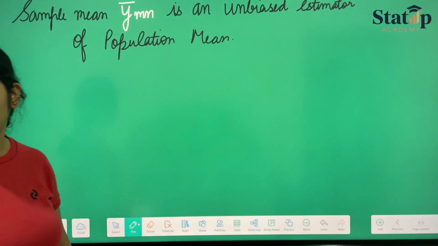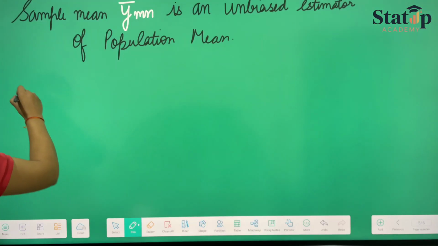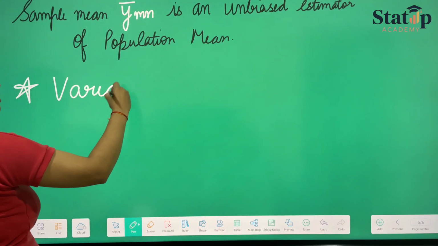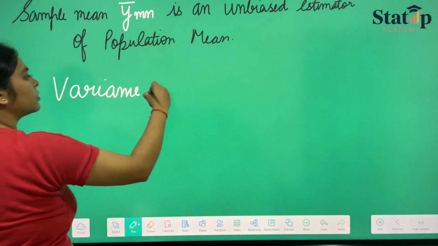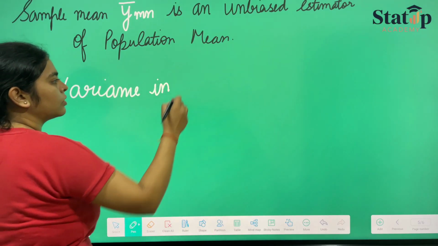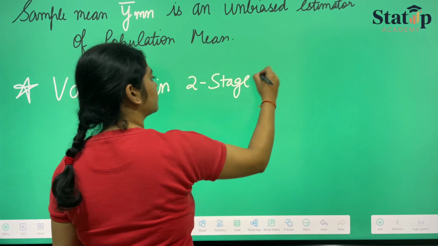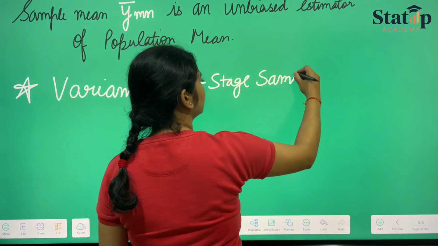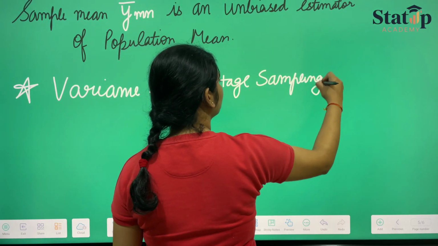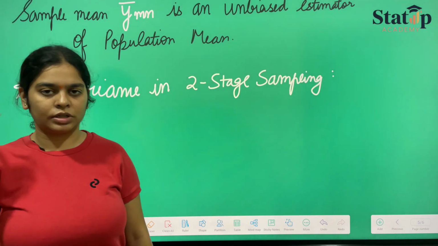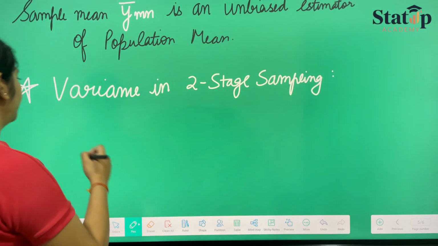Right? Now moving on, the formula for variance. Variance in two-stage sampling. What does it mean by variance in two-stage sampling? We'll take out the variance again.